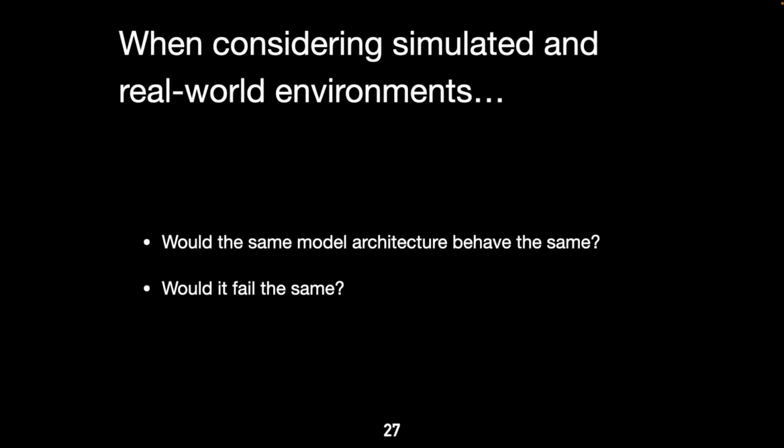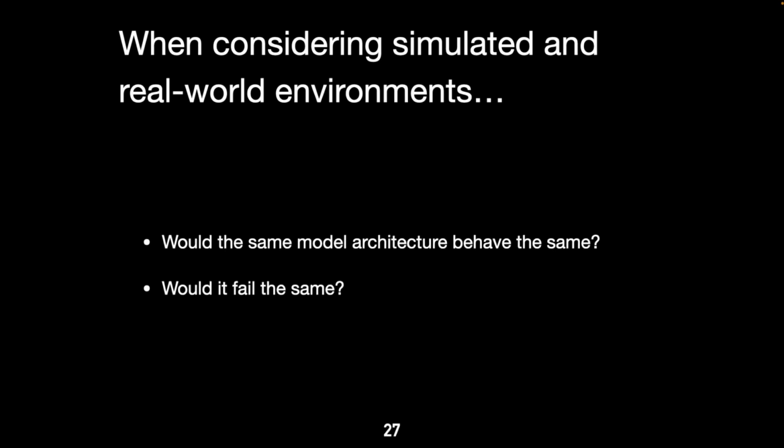So when considering the two environments, the first question that we try to answer is the following. Suppose I take a deep neural network architecture and I train it both in the virtual environment and in the real world environment under similar conditions, with comparable training sets in terms of size and distributions, and also in terms of photorealism.